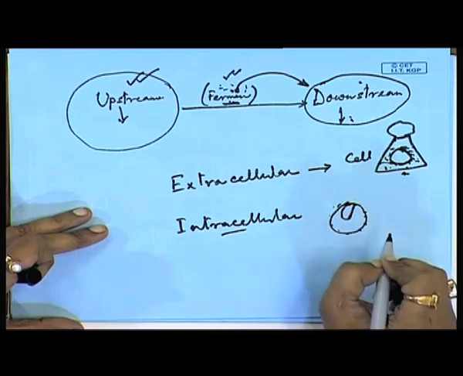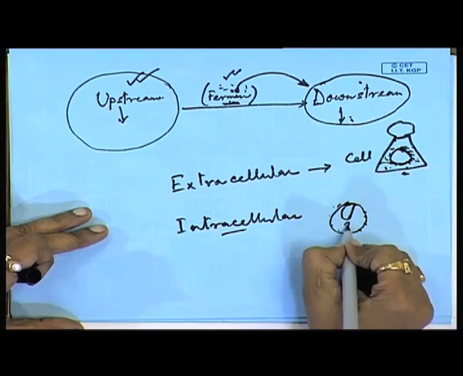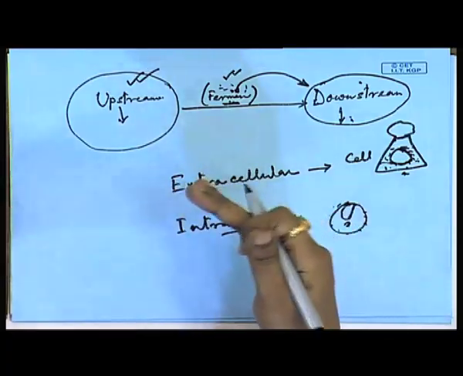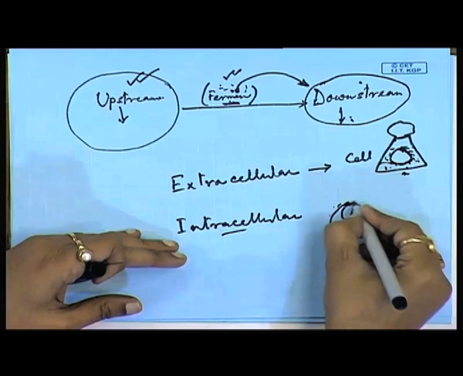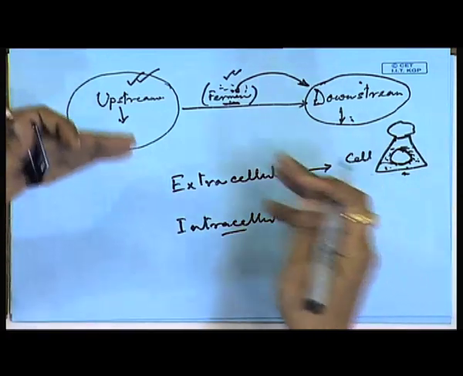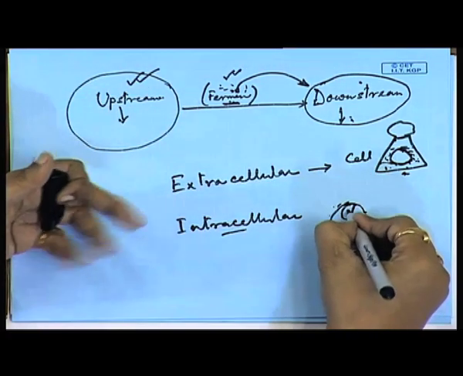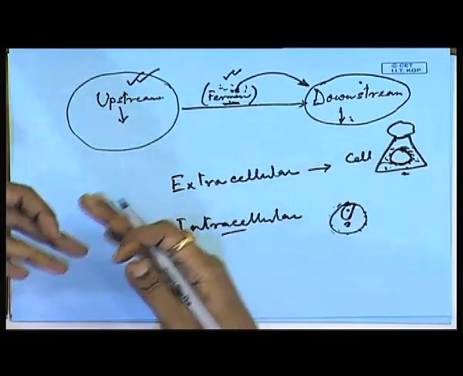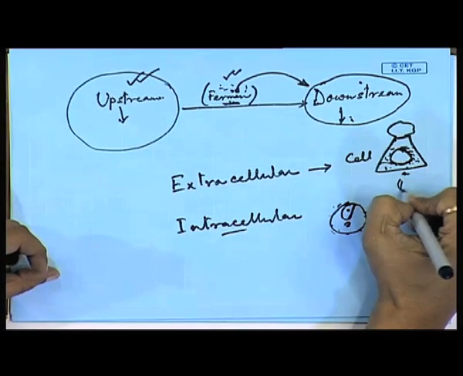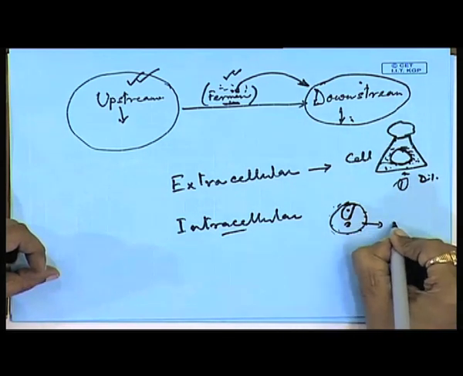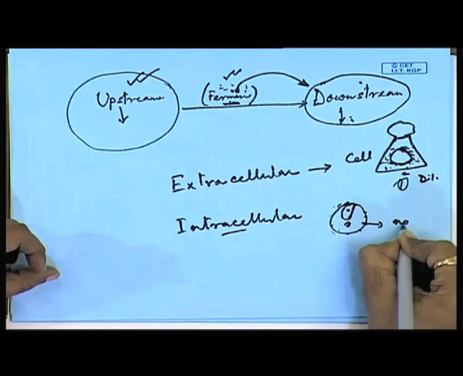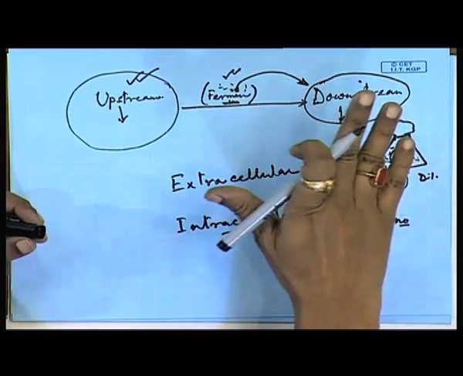When we break the cell wall, thousands and thousands of metabolites come out of the system and make up the contaminants along with our targeted product. So, one problem is the dilution problem, and the second problem is the number of contaminants present along with the product.